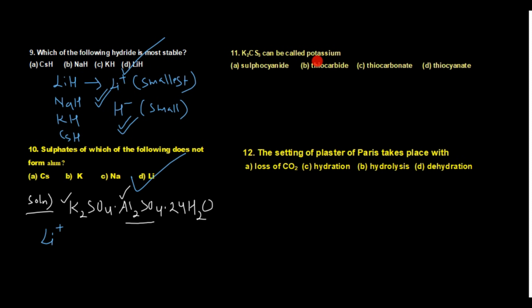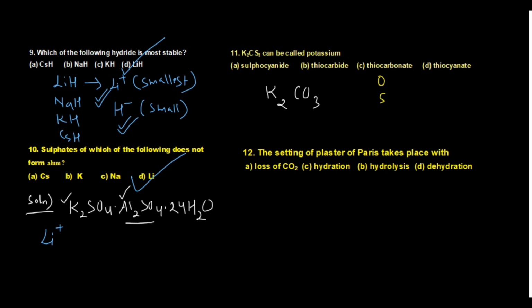K2CS3 can be called potassium: you have been given sulfocyanide, thiocarbide, thiocarbonate, thiocyanate. This is a simple problem. You might have studied it in class 11. This is K2CO3, which is potassium carbonate. Oxygen is the first member and then sulfur.